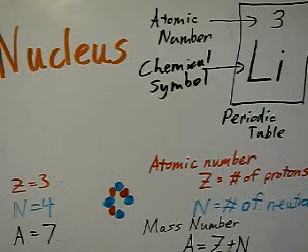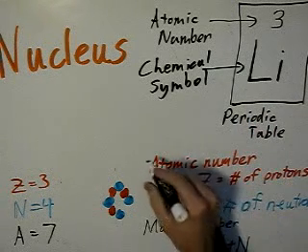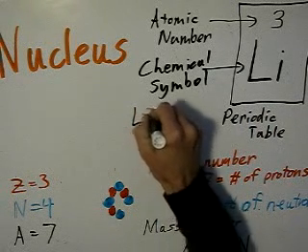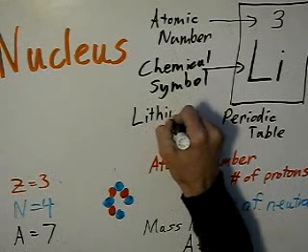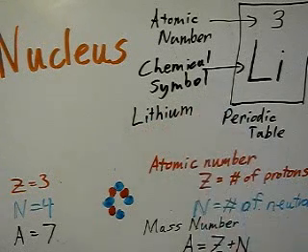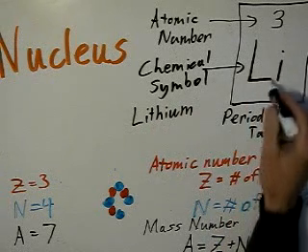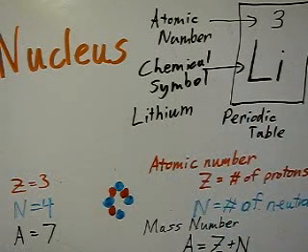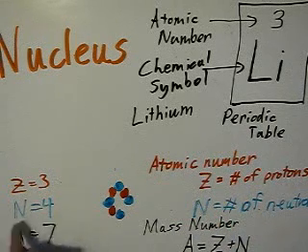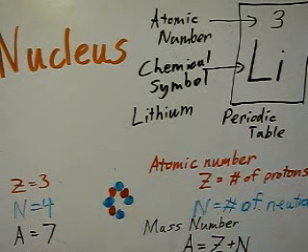In this particular example, Li is simply short for lithium. Alright, that's fine. So now we have a chemical symbol which corresponds to Z equals 3. We also have this N equals 4 and A equals 7.